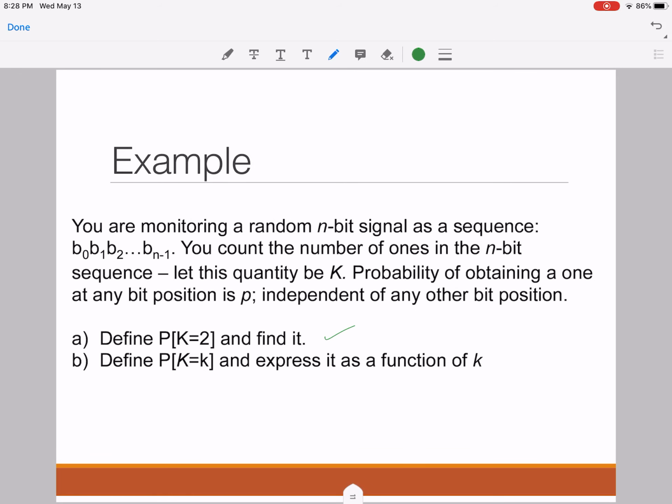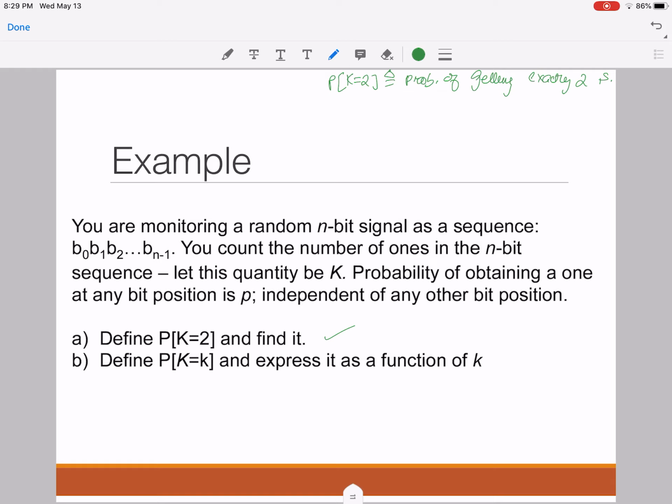Okay, I hope you got the chance to solve this problem. As I mentioned, probability of k equals 2 is defined as the probability of getting exactly 2 ones.